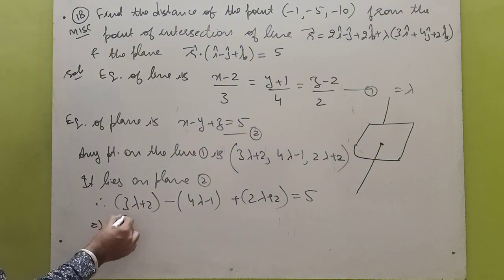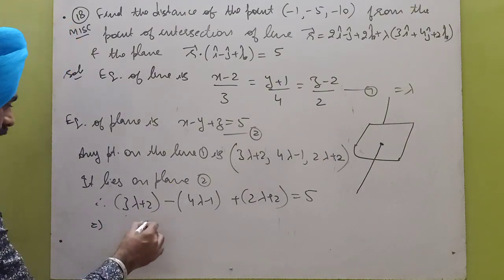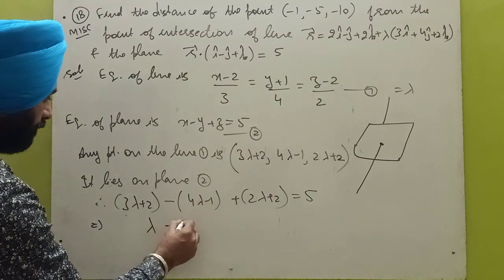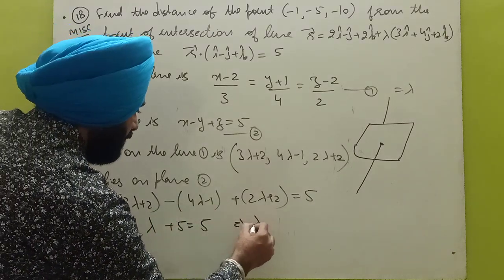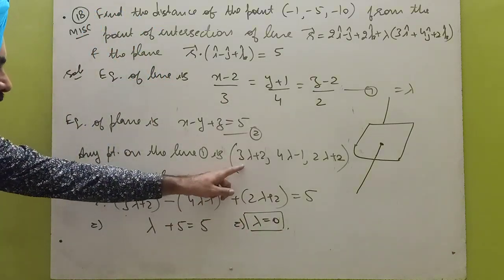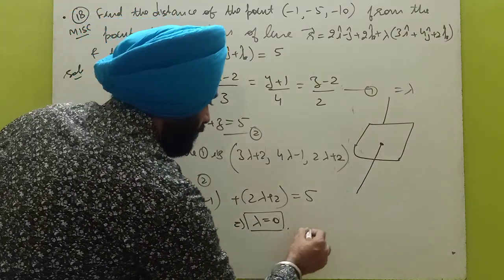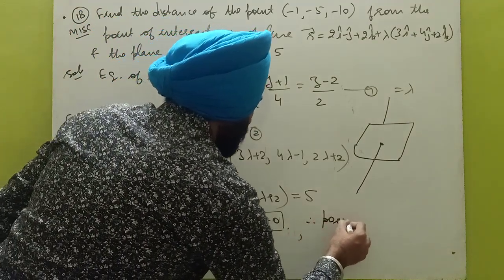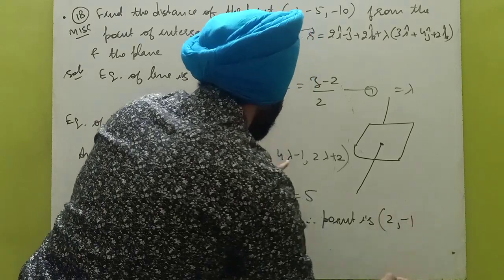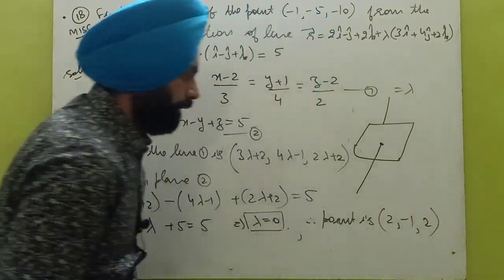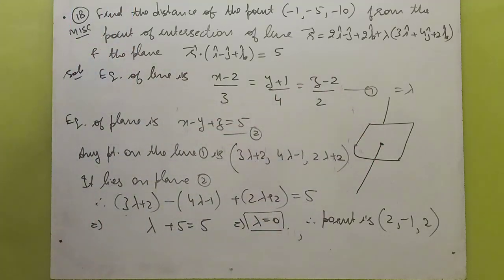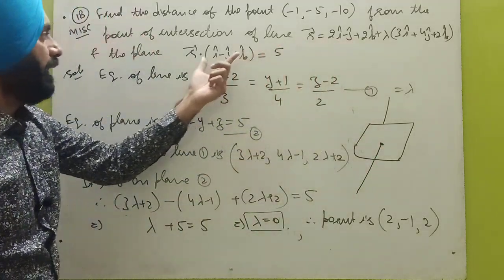So now solve it. 3 plus 2 is 5, minus 4 is 1 lambda. 2 plus 1 is 3, 3 plus 2 is 5. So the value of lambda is 0. By putting this value of lambda in the point, we can find the point: put lambda 0, we get 2, minus 1 and 2. So this is the point of intersection of line and plane. This is the method in which we can find the point of intersection of line and plane.